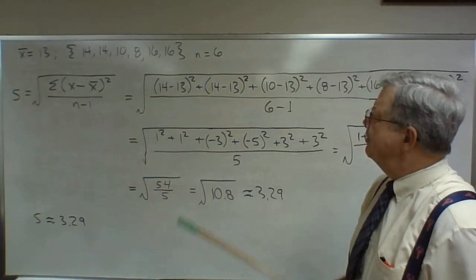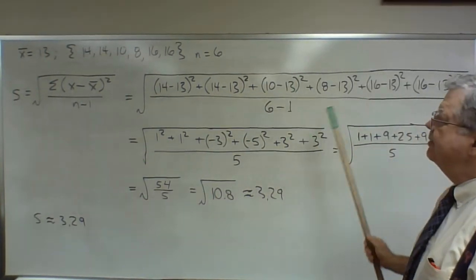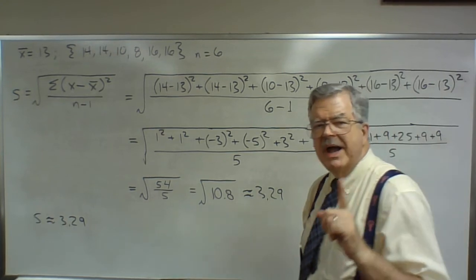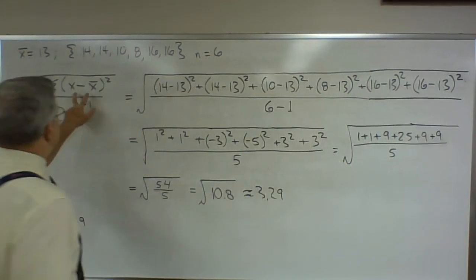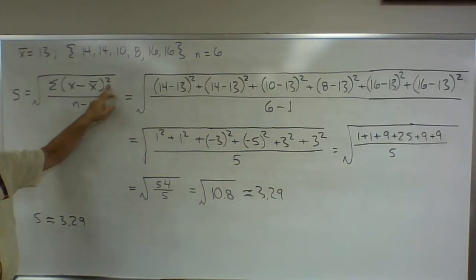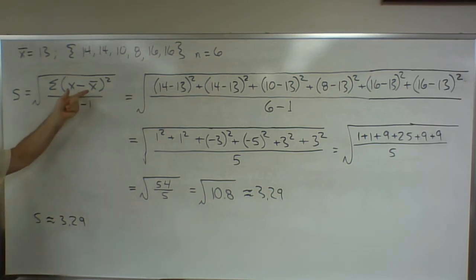Before I erase all of what we just did, do you know why it is that we have to square this? If we didn't square this, some of these things would be positive, some of these things would be negative, and in the end, we'd wind up with 0.